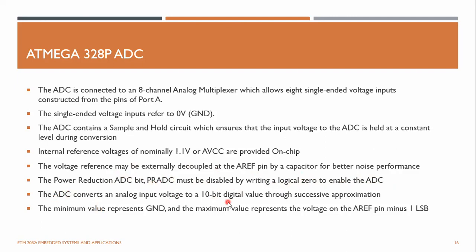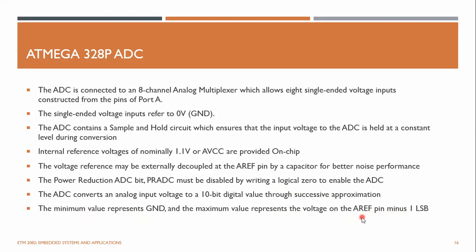It produces a 10-bit digital value using successive approximation. If you want to know what successive approximation is, you can go to the internet and search for YouTube videos related to it. The minimum value represented is ground, and the maximum value is the voltage at the AREF pin minus 1 LSB.